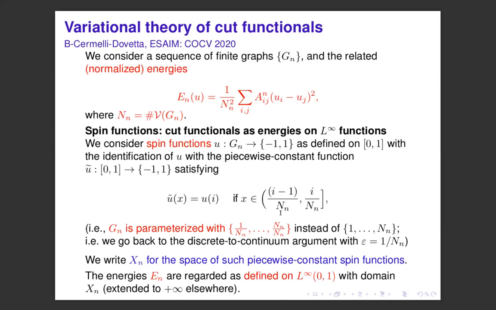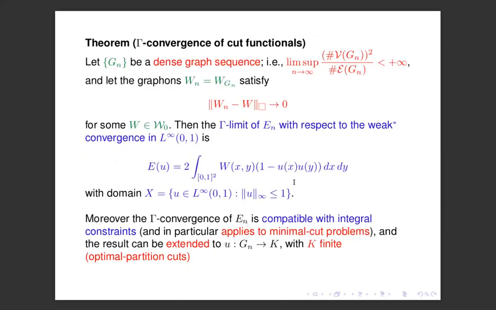Now we lose the constraint that the spin function remains a spin function in the limit, but we have a precise representation in terms of the limit graphon.